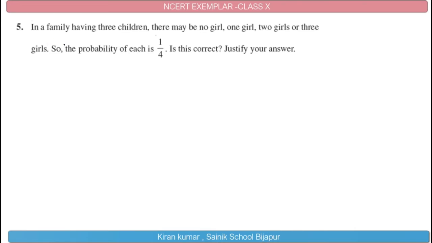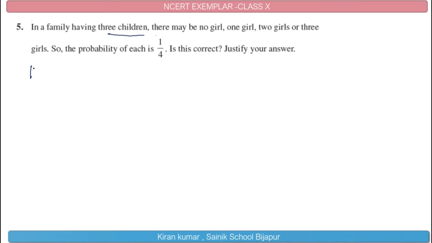Fifth one, in a family having 3 children, there may be no girl, 1 girl, 2 girls, or all the 3 girls. So the probability of each is 1/4. Is this correct? Justify your statement. So this family is having 3 children.